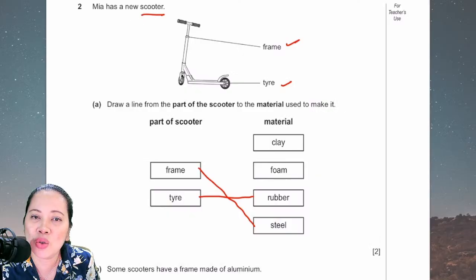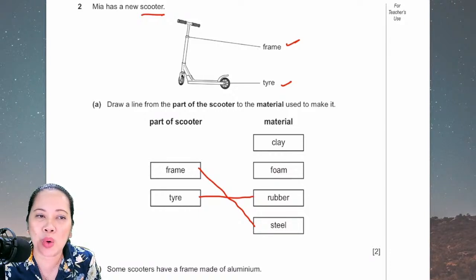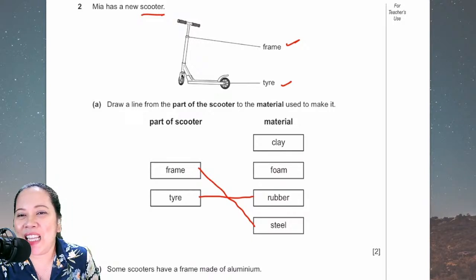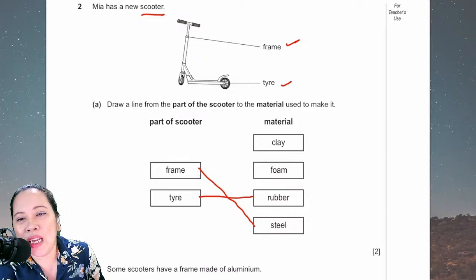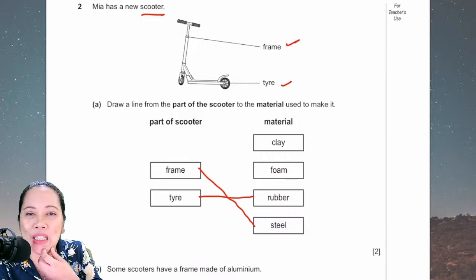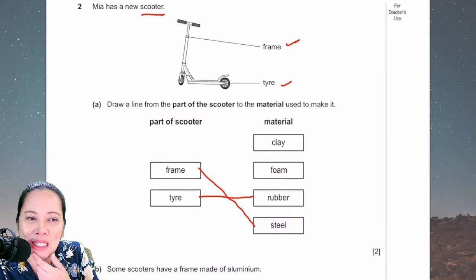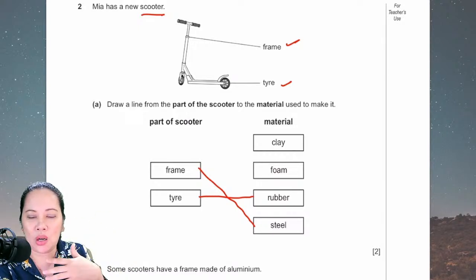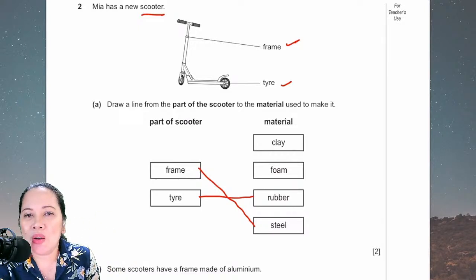The reason being because it has to adjust, or have that absorbing action. It can absorb, or it has lesser friction, or it can adjust with the surfaces, and it can roll. So you have to have your tire made of rubber.